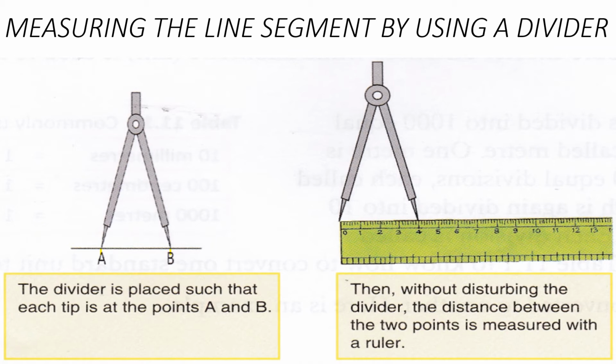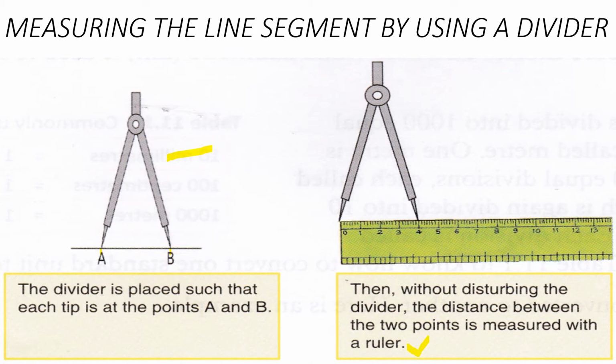I have placed it. Then without disturbing the divider, you should not make any changes to it. Take it as it is and keep it on the ruler. The distance between the 2 points is measured with the ruler.